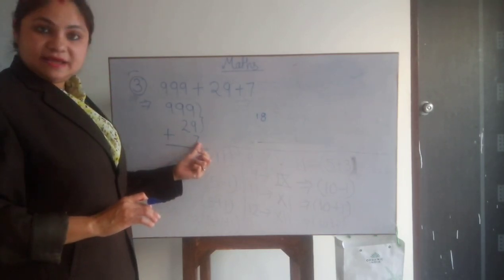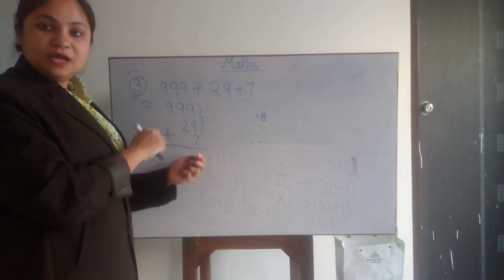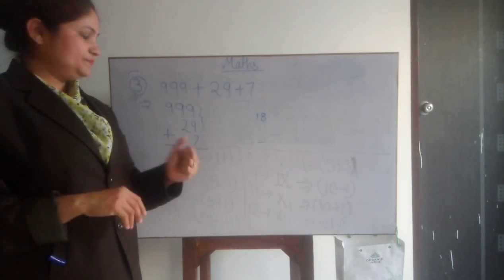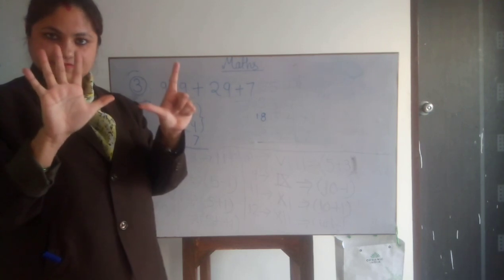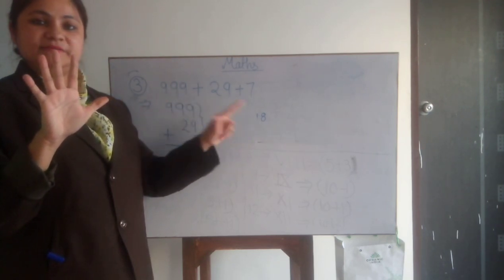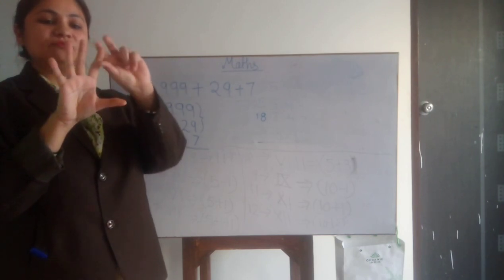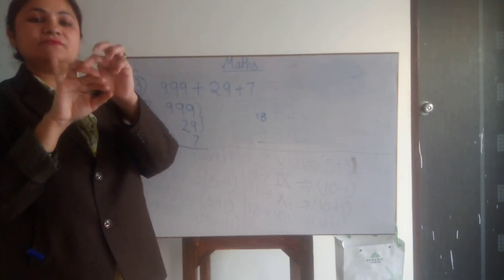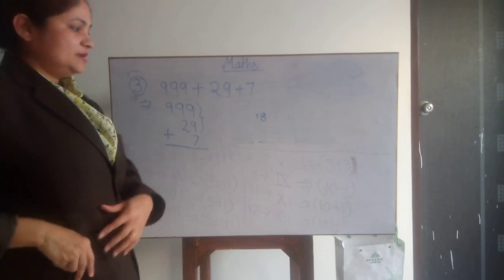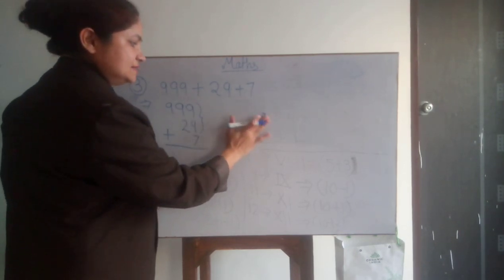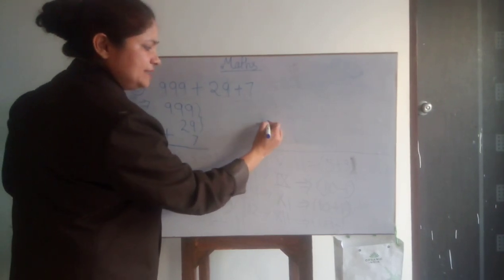Now this 7 is left. We have to add this 7 also. Again, the same procedure. 7 means these are my 7 fingers. Now after 18 we will count: 19, 20, 21, 22, 23, 24, 25. So this 18 plus 7 answer will be 25.